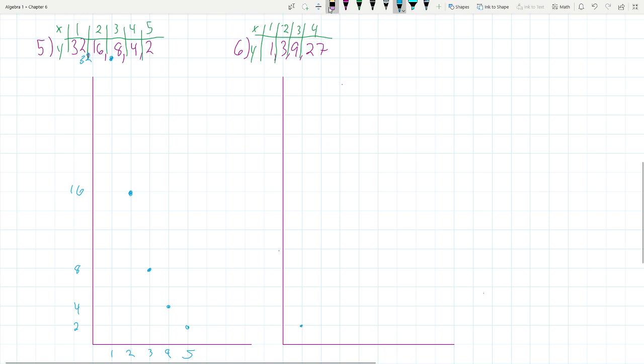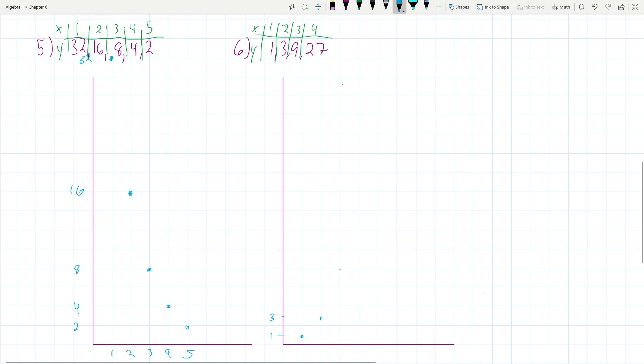I'm going to do these by 2s again, that way it fits on my graph. 1, 1. 2, 3. 3, 9.